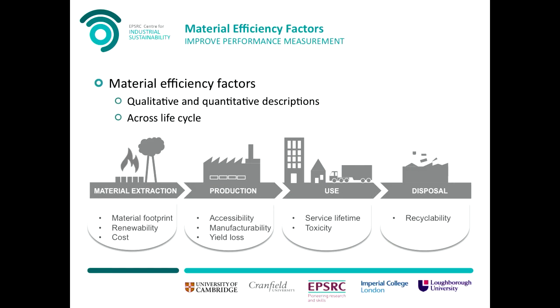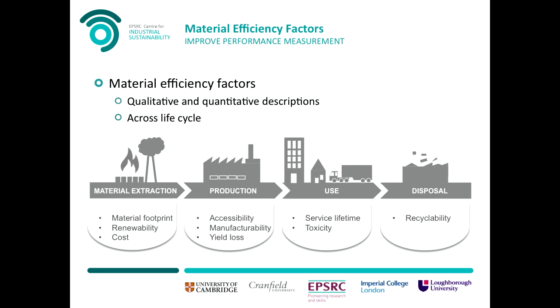To help us to understand some of the parameters relating to materials in a bit more detail, we developed these material efficiency factors. So this is a way of measuring and managing and improving the performance of your material decision making, basically, in design.